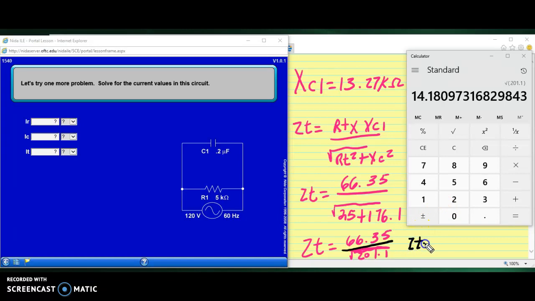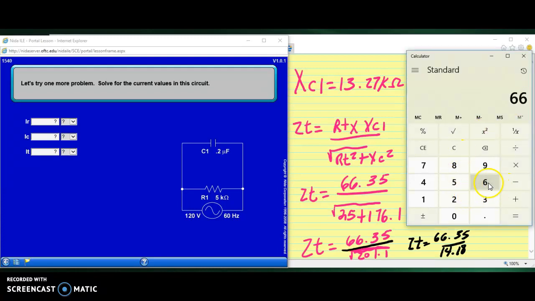So let's come down here and write in ZT is equal to 66.35 over 14.18. So let's do that math. 66.35 divided by 14.18 equals 4.67, and 4.68 when we round.